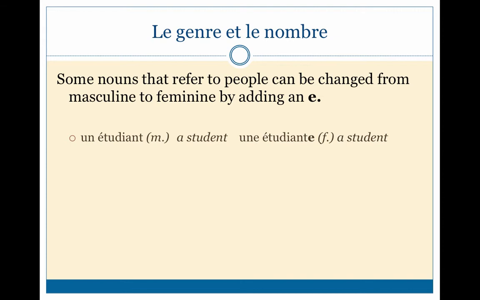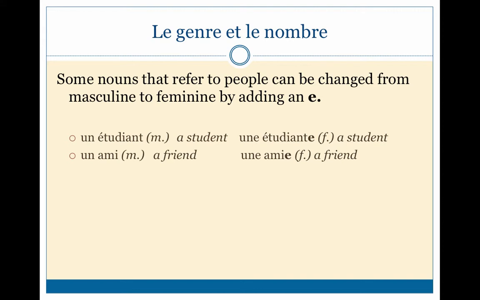A great example for college students is un étudiant and une étudiante. So sometimes we can add an E on the end of the word to make it masculine or feminine. Unfortunately, that is really just a question of memorization as to which nouns you can do that with. You cannot do that with every noun. And they usually do refer to people.